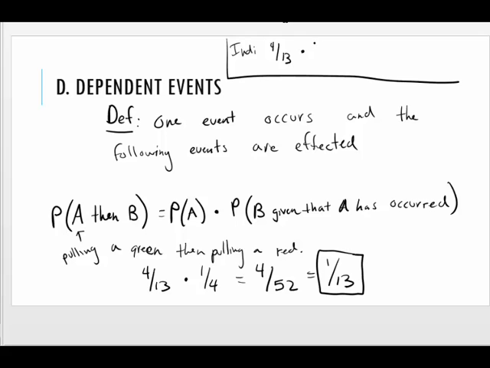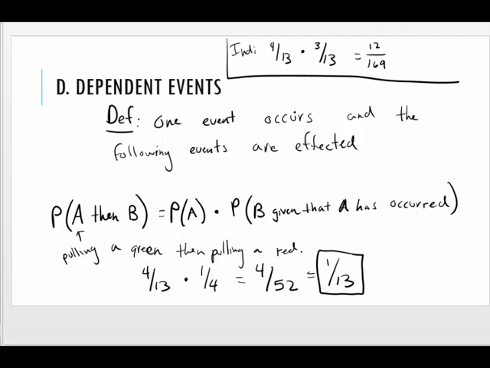It would be 3 over 13. Does that make sense? Okay. And we end up getting a larger number, 12 over 169.